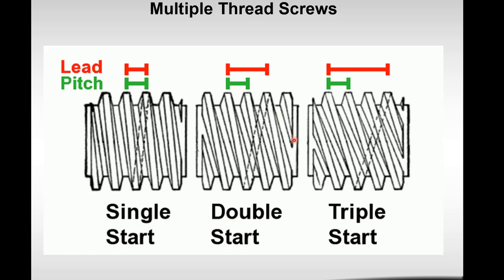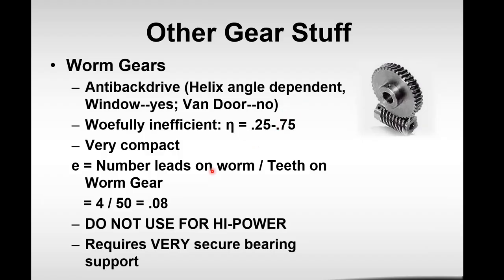If you have a thread that starts on either side 180 degrees apart, then this next thread here is not really from this particular thread. If you follow this particular thread around, it comes back over here. So now in one revolution, you can see that you actually move the distance of 2 pitches and so on. That's how, when we looked at this ratio right here, it is the number of leads on the worm tooth divided by the teeth on the worm gear.